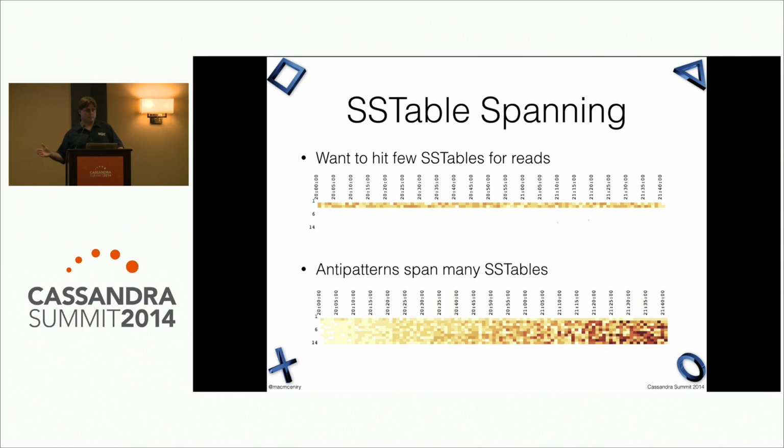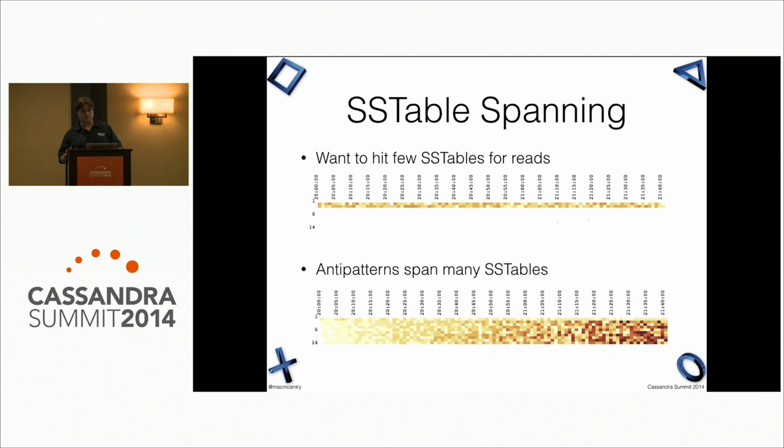What you're starting to see is a lot of SSTable spanning. And that just means it's making at least, if you have 14 SSTables hit, you're probably doing 14 reads, whether those go to disk or they're cached in memory. You're still doing 14 reads out to the virtual file system, versus something that only has 2 reads.